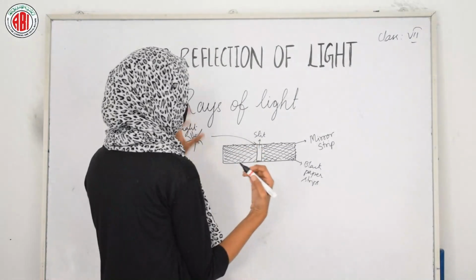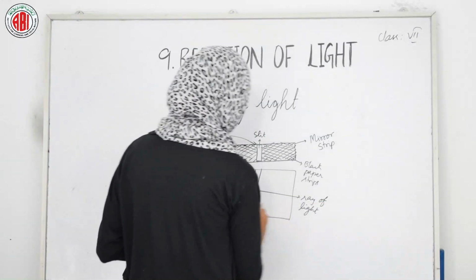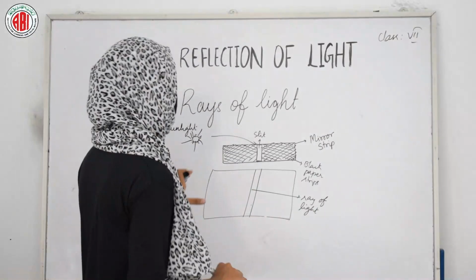If you want to observe the rays of light, place a sheet of paper on the ground, and when the light passes through the slit, you can find a ray of light that appears on the sheet spread onto the ground. So the light coming from the slit or from any other small hole appears as a ray of light. This can be termed as the ray of light.